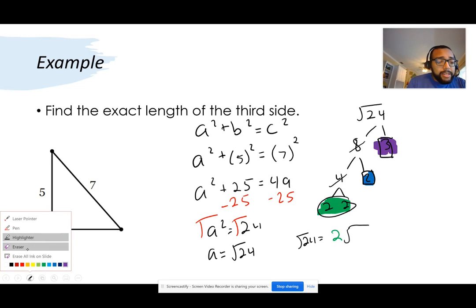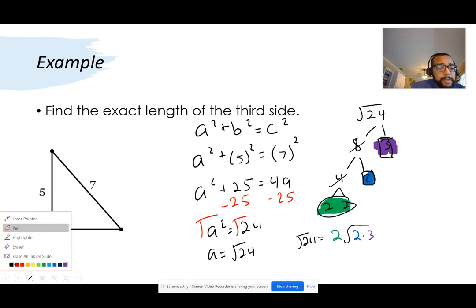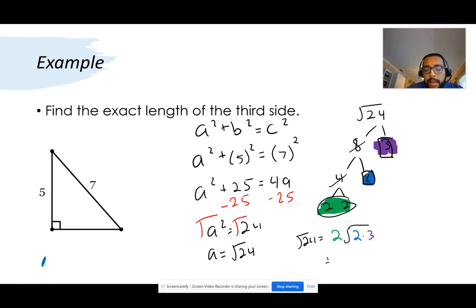So that means here inside of my square root, let me bring down that 2, and I'm going to multiply it by that 3. So this ends up becoming 2 square root of 6.